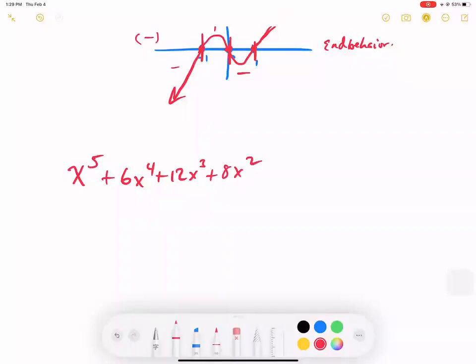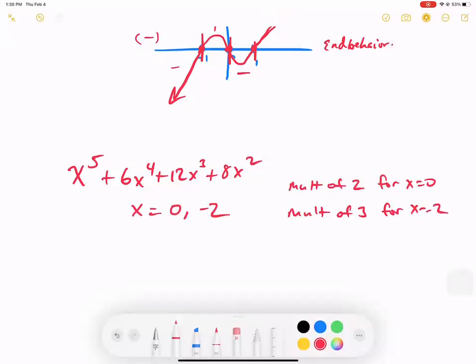I'm going to tell you this: our roots are 0 and negative 2. Turns out we only have 2 roots, but we have a different multiplicity. We have a multiplicity of 2 for x equals 0 and a multiplicity of 3 for x equals negative 2.